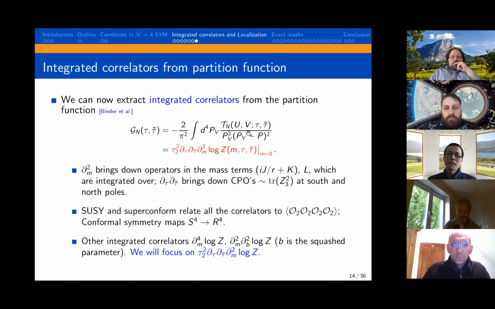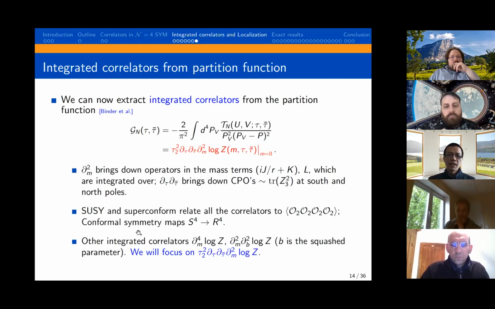I always feel maybe there's a simple way to derive it, but anyway, this was how it was derived originally. So there's a simple relation between this integrated correlator and the partition function.